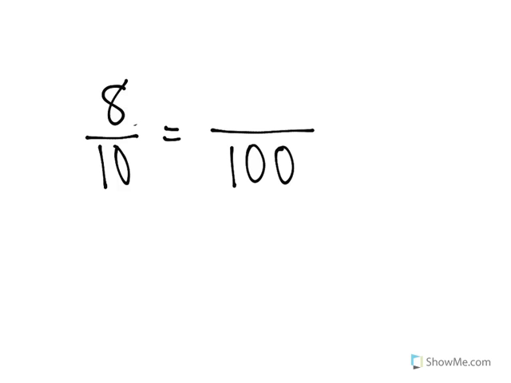So what if I gave you this fraction 8/10? It wants you to create an equivalent fraction where the denominator is 100. How am I going to get there? Well, I asked myself, 10 times what equals 100? You guys are right, it's 10.